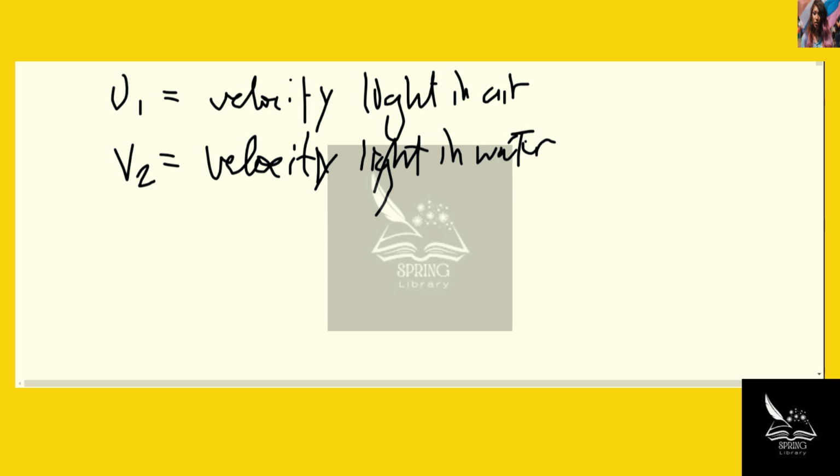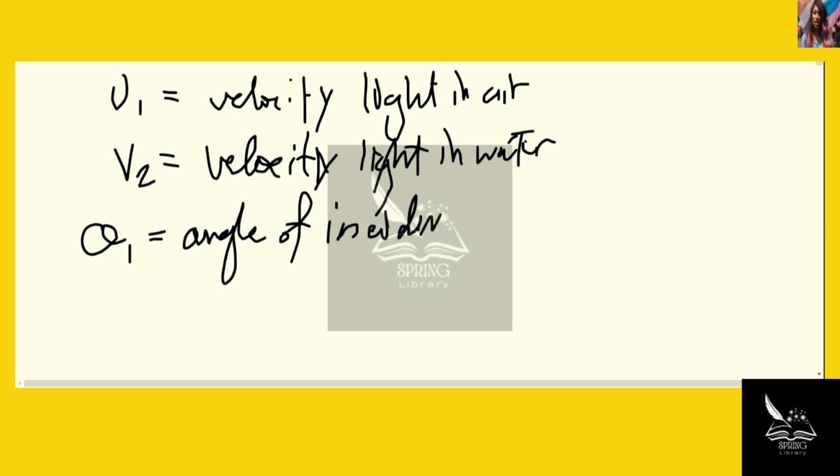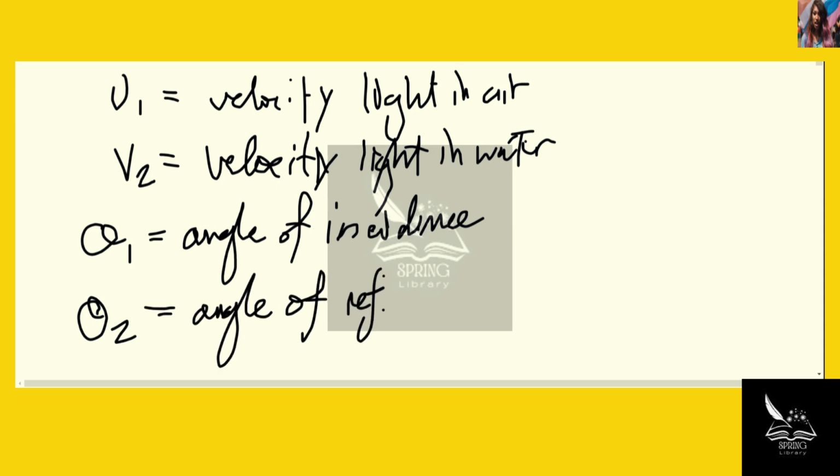We're asked to show that the sine of theta 1 over the sine of theta 2 equals V1 over V2, where theta 1 is the angle of incidence and theta 2 is the angle of refraction, as is shown in the figure in exercise 71 of this section.